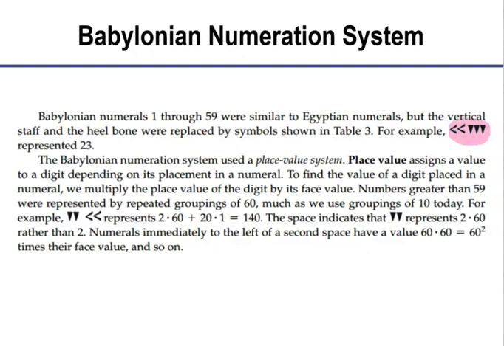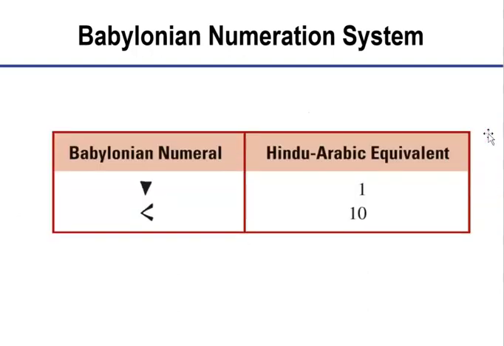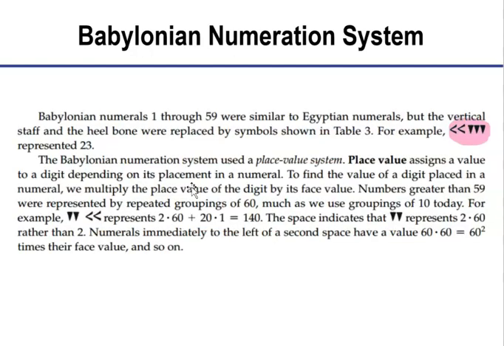Now let's go back and look real quick. Does that make sense that that's 23? Well, sure, right? So the sideways symbol that almost looks like a beak is 10, and then the little tick marks here are 1. So if you have 2 of those sideways symbols and then tick marks, surely that does represent 23.